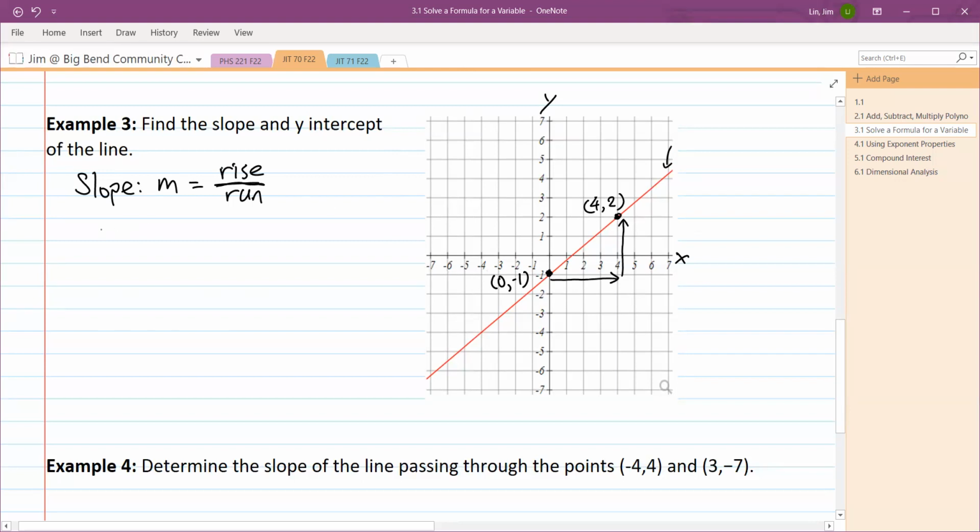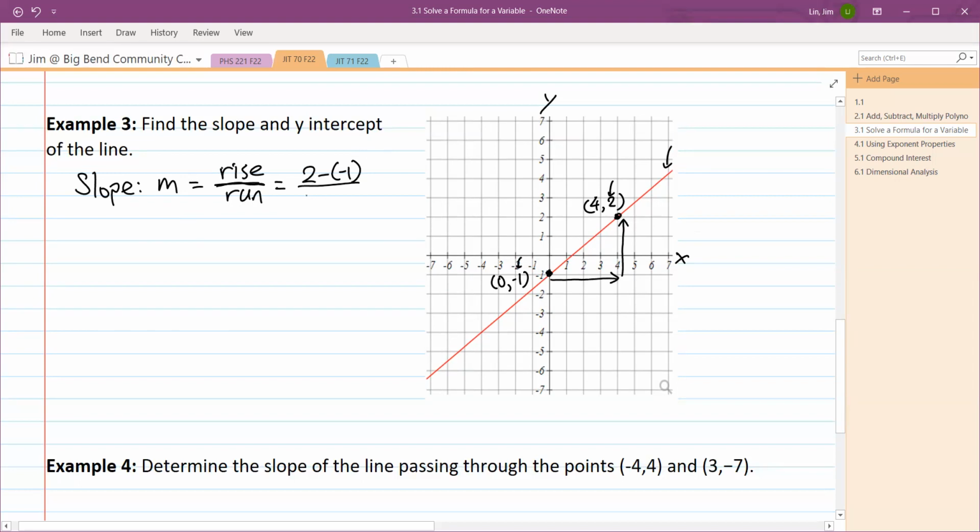So we can now see that, right, rise over run, the change in the y direction will be this value minus that value. So that will be 2 minus -1, right? The final y value minus the initial y value.